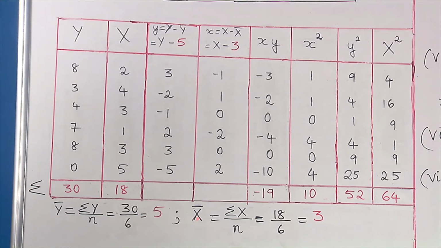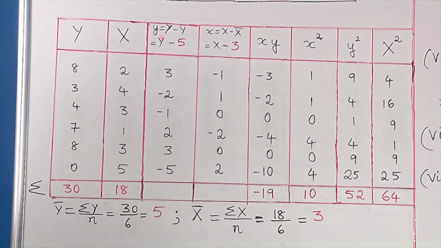In the same way, we can find the mean of x. X bar is equal to sigma x by n. Sigma x is the total of x values, 18. So, 18 by the number of data, 6, gives you 3 as the mean of x.